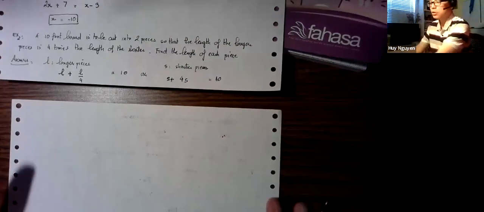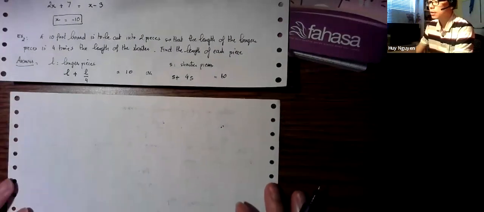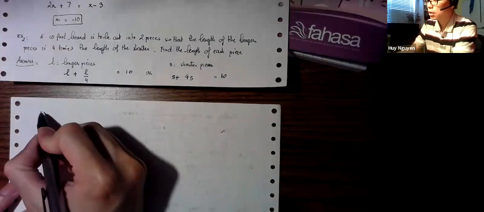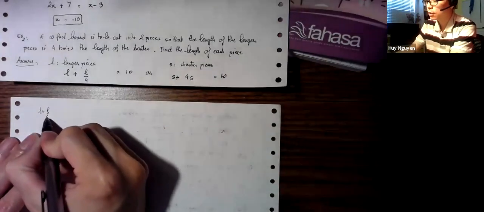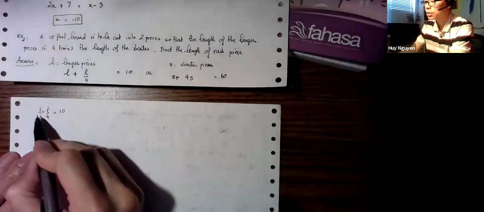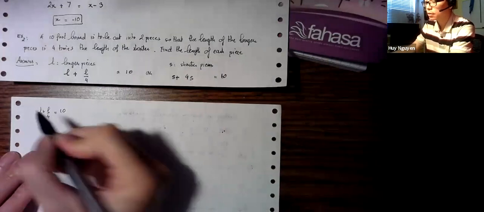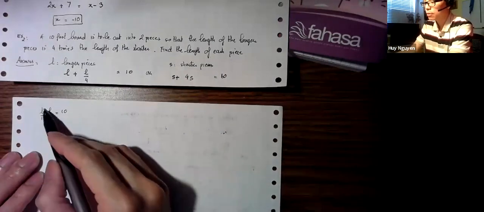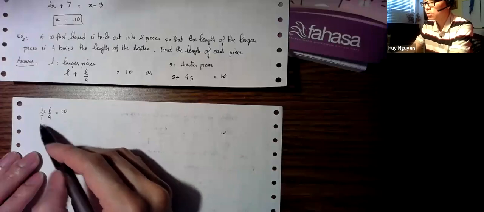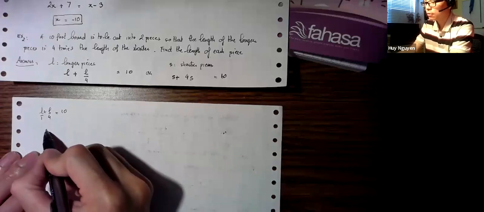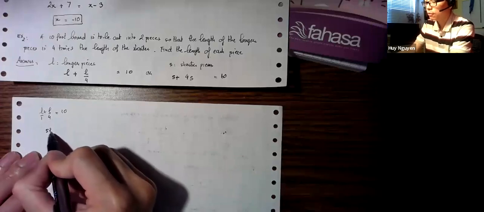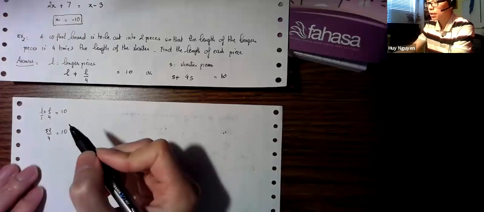On the first equation, I have L plus L over 4 equals 10, right? So I find the LCD. Multiply over here by 4, and multiply here by 4. So you have 5L over 4 equals 10.